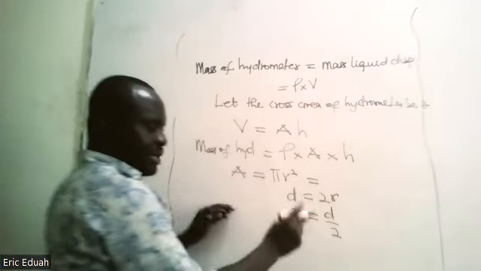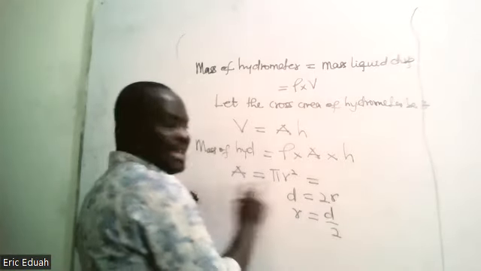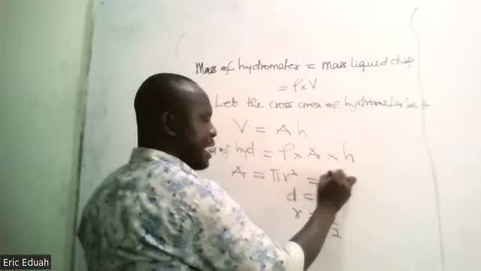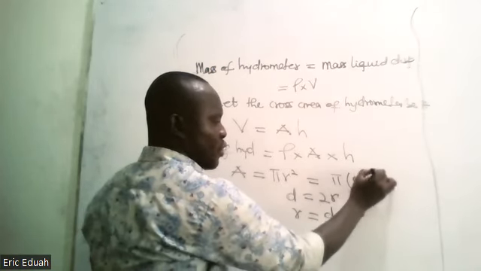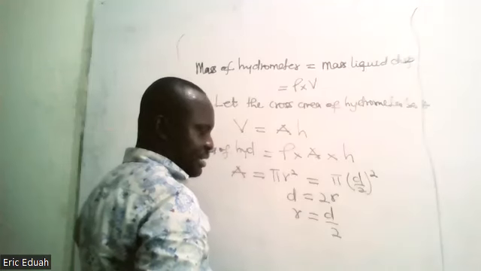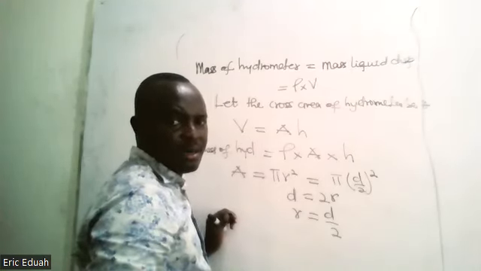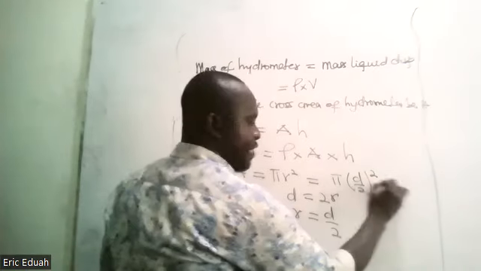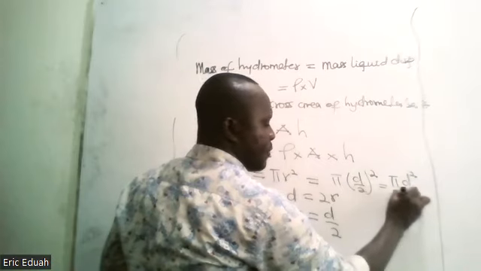Meaning, if we are given diameter, the area becomes pi times D on 2, squared. Are you with me? So we have pi d squared on 4.